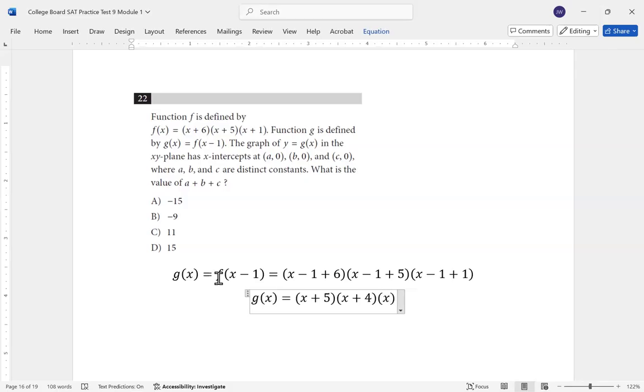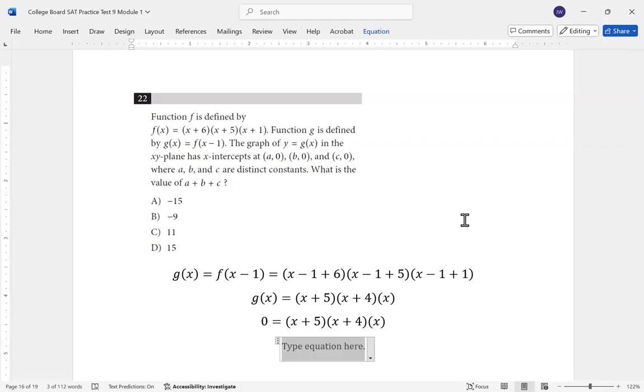0, or just x. The x-intercepts are going to be where this function has an output of 0. Well, that is going to be whenever the x values are such that I get 0.